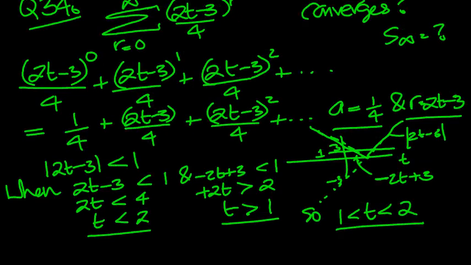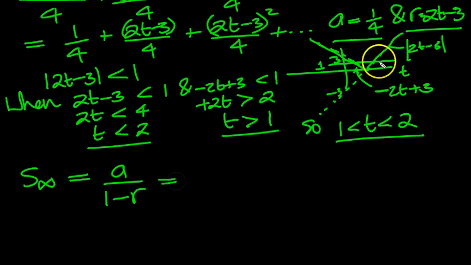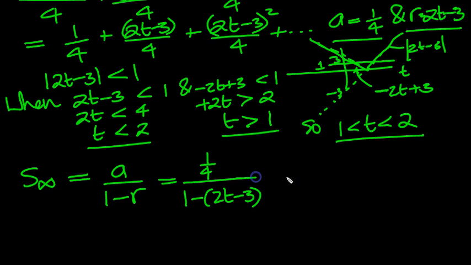So let's find out what it equals. So let's get S infinity. In this case, S infinity is a over 1 minus r. The a is a quarter over 1 minus r, which is 1 minus (2t minus 3). More than one term, put a bracket.